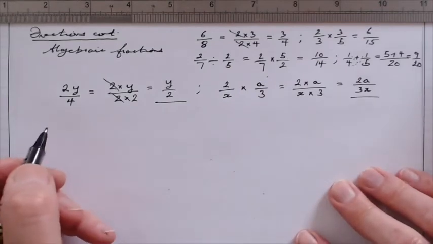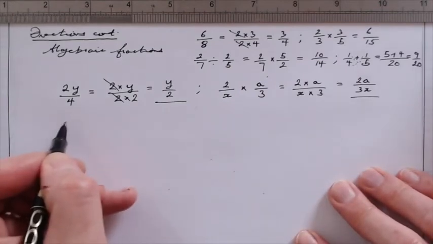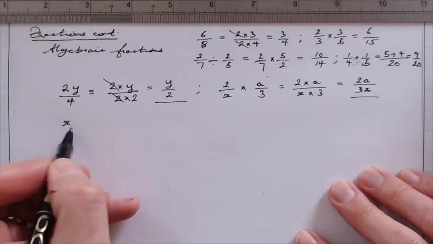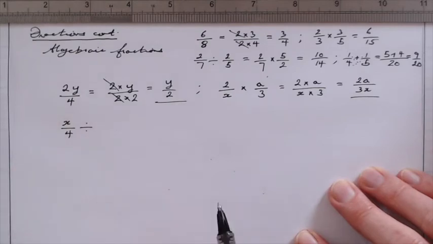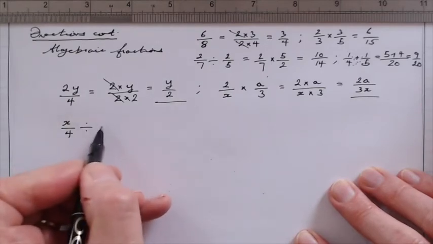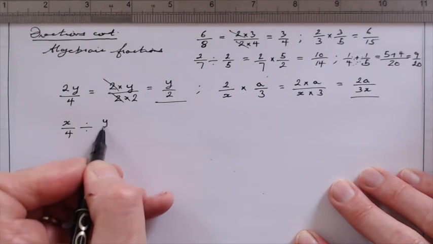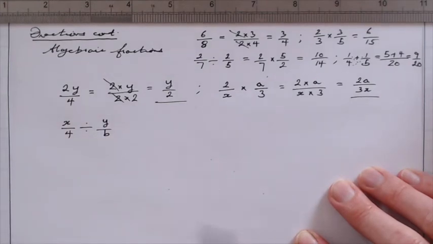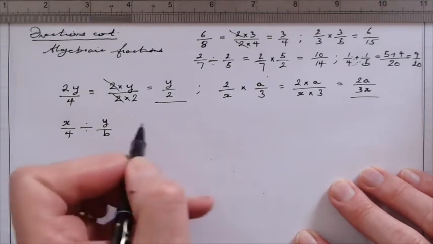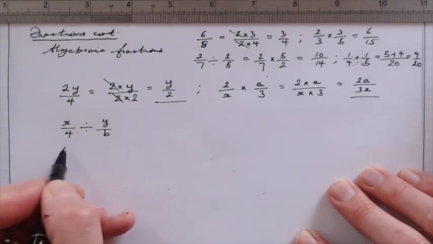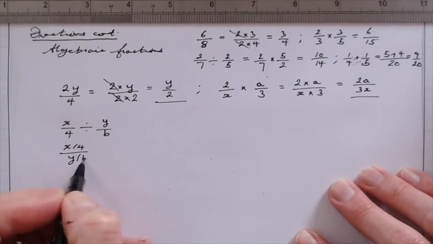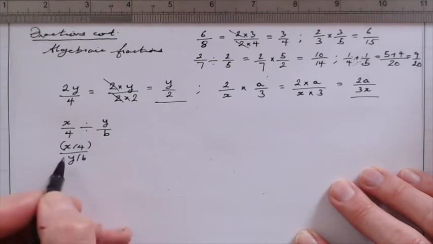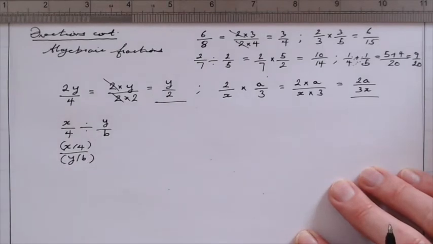Let's look at a division example. Imagine we had x over 4 divided by, let's say it was y over b. Now this might actually come from something rather scary. This might actually come from something which looked like x over 4 divided by y over b, which would strike fear into the heart of many budding mathematicians.